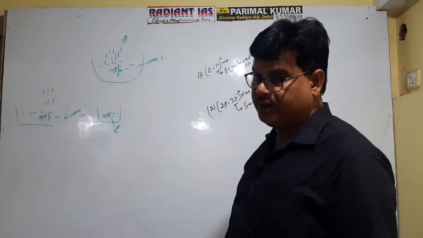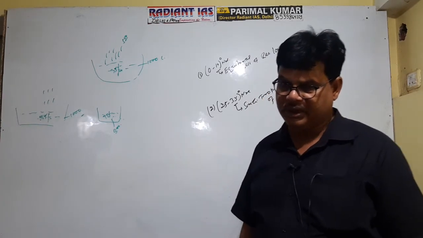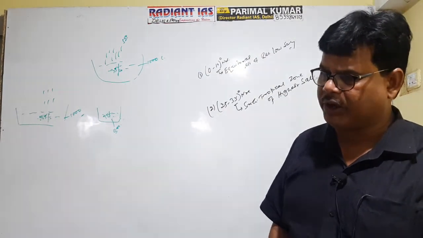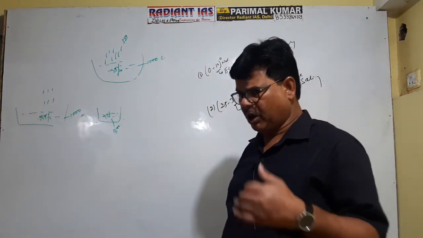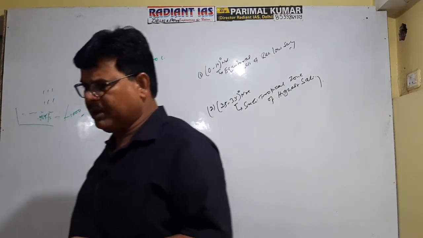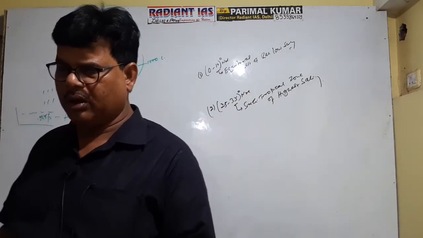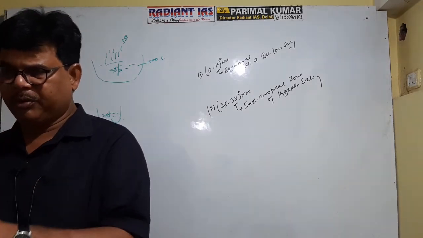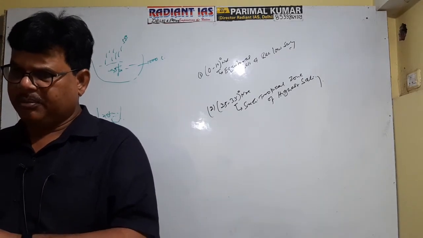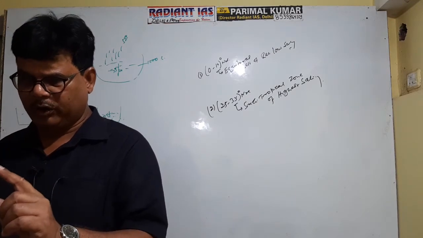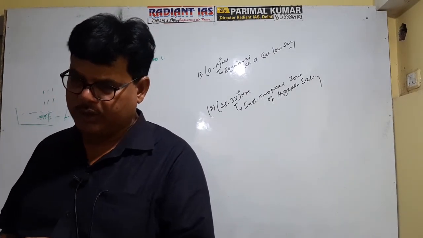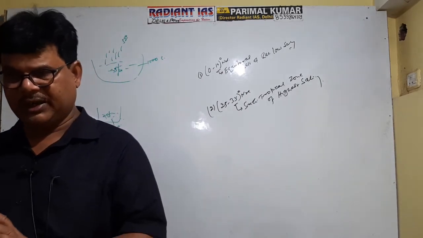Highest salinity is found between 25 to 35 degree latitude, but at the same time you should keep in mind one important point. If the option is 25 to 35 degree north, or 25 to 35 degree south, then north will be the appropriate answer. But actually, for a single latitudinal value, around 16 degree north latitude salinity is highest. It is clear, na?